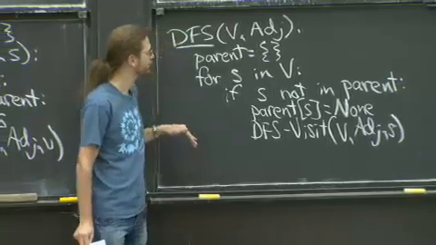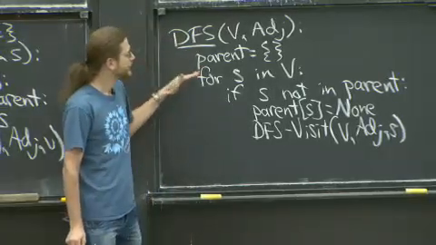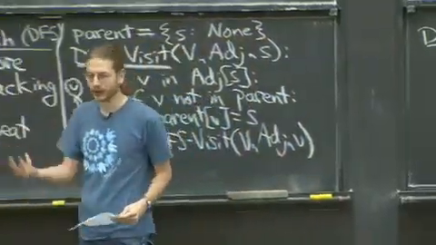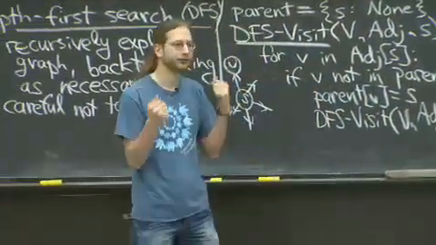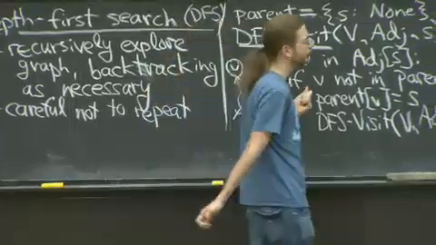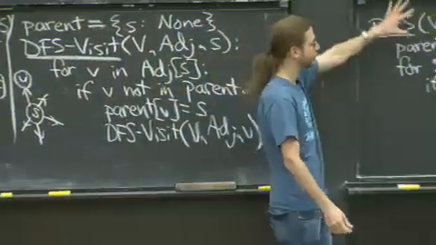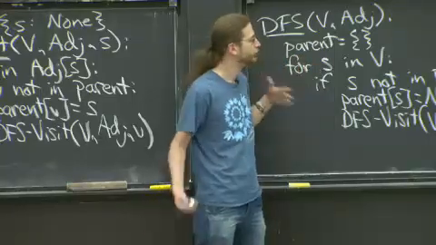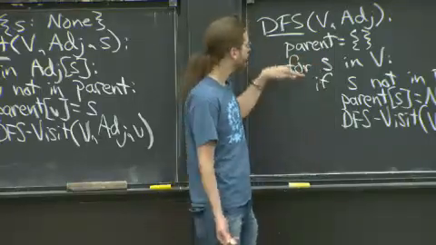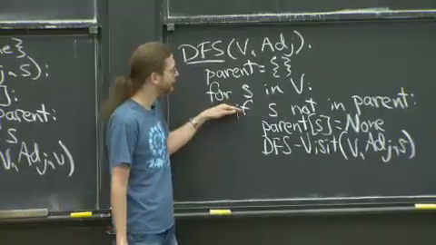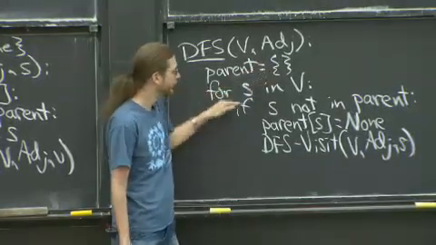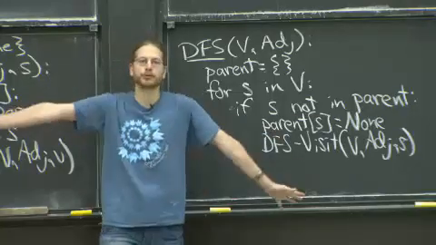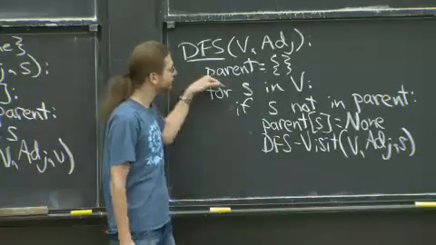So the idea here is we don't really know where to start our search. If it's a disconnected graph or not a strongly connected graph, we might have to start our search multiple times. This DFS algorithm is finding all the possible places you might start the search and trying them all. So it's like, OK, let's try the first vertex. If that hasn't been visited, which initially nothing has, then visit recursively everything reachable from S. Then you go on to the second vertex.